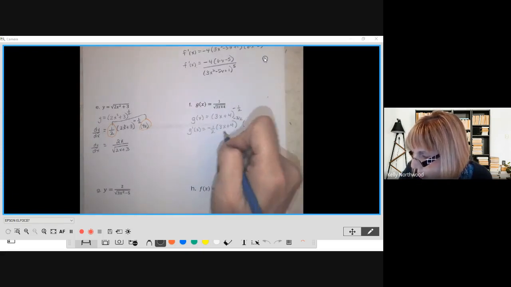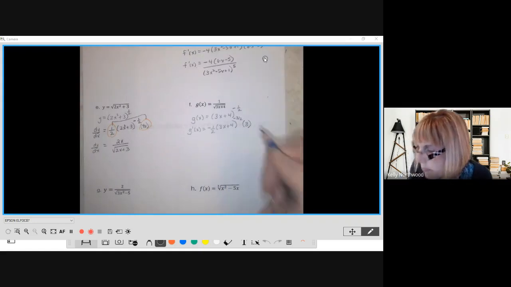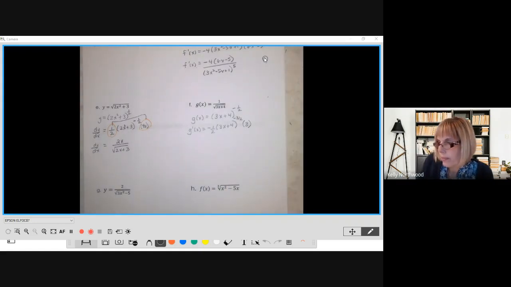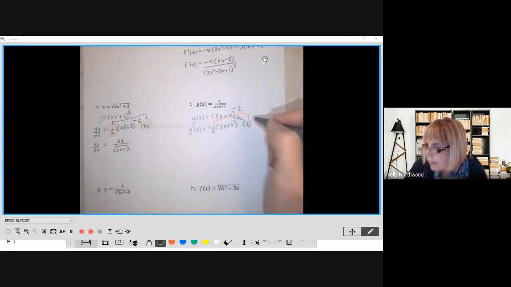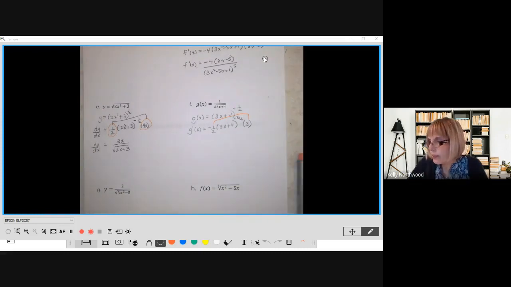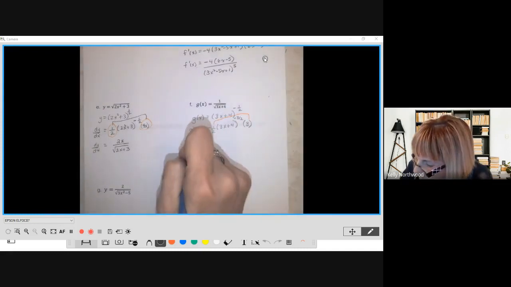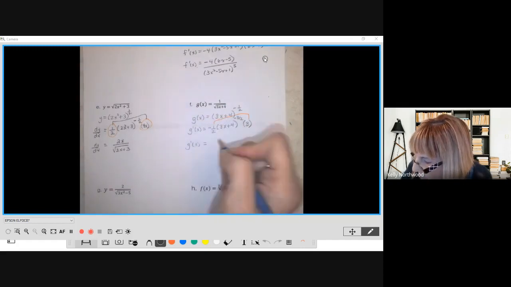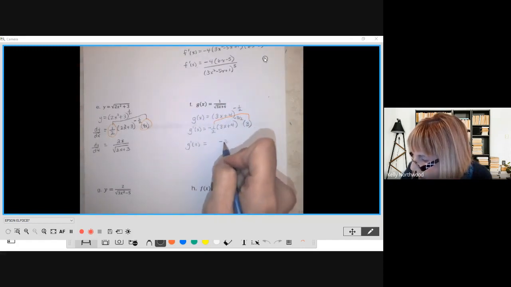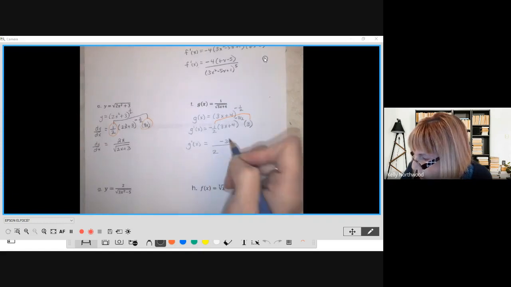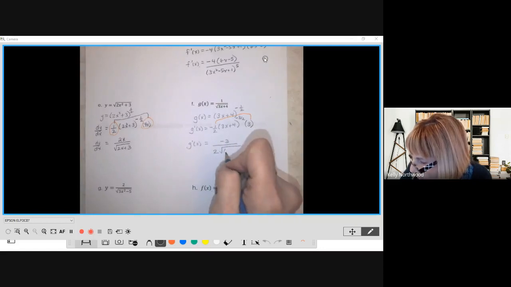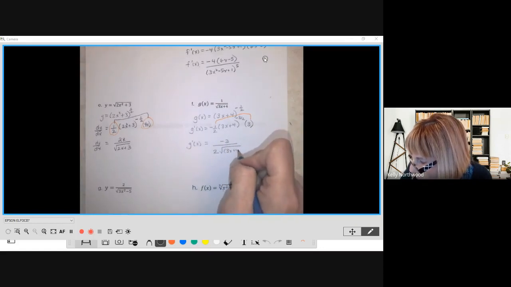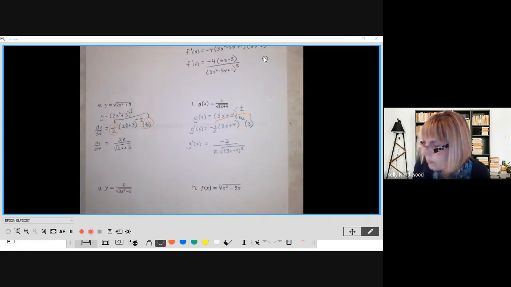And then times the derivative of what's inside, which is 3. Again, I can multiply the negative 1/2 and the 3, but that's going to give me negative 3 over 2. So when I'm writing the simplified answer, the negative 3 is going to stay on top. The 2 is going to go to the bottom with the root of, in brackets, 3x plus 4 cubed.